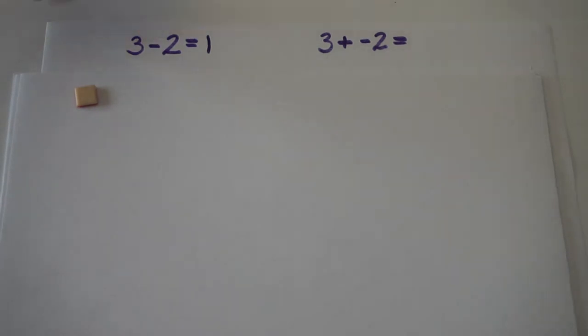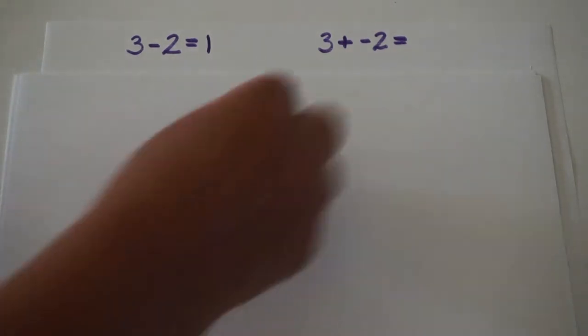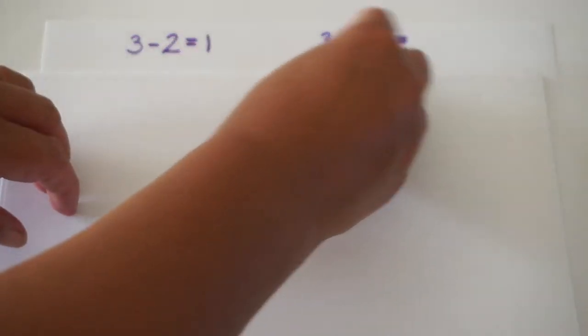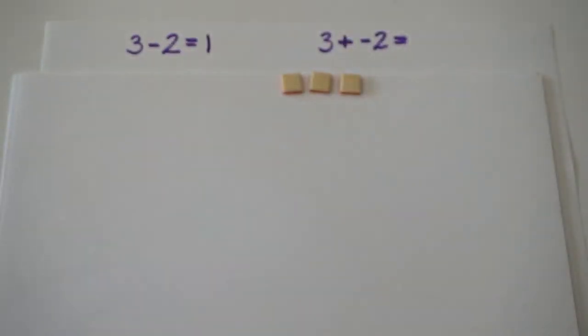This was a subtraction problem, so we did take away. On the other side of the page, we've got an addition problem. We'll also be using our markers here, but when we're doing an addition problem, we don't do take away, we do push together. So I've created a set for the 3.